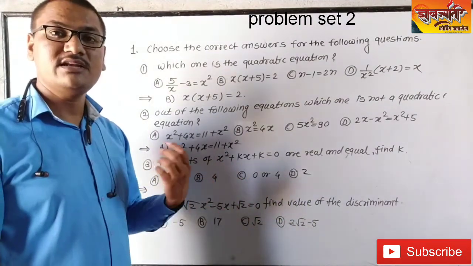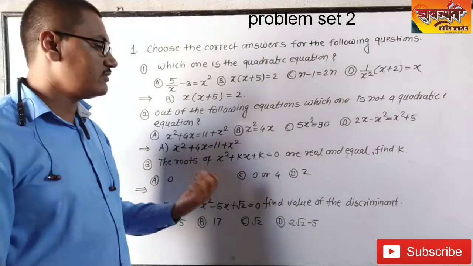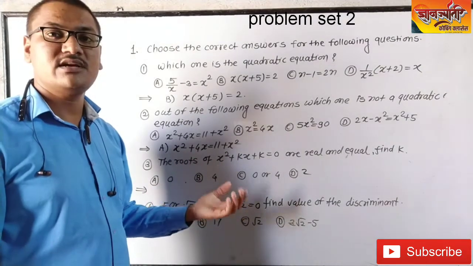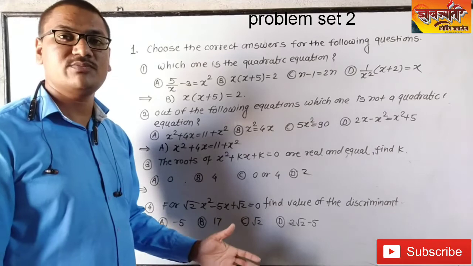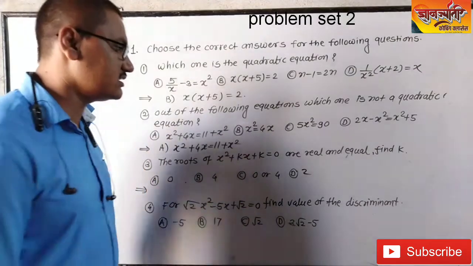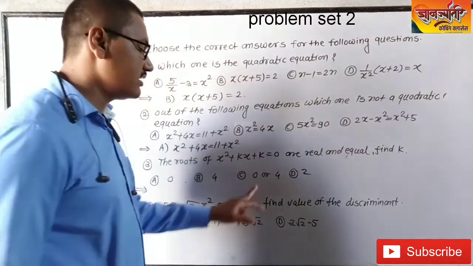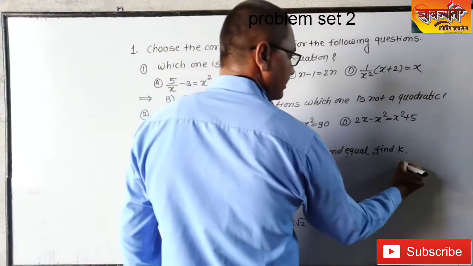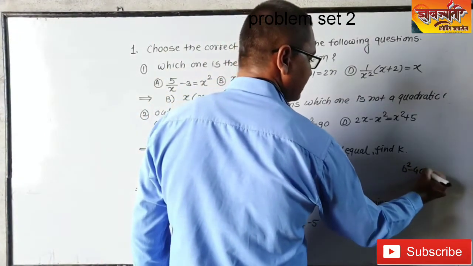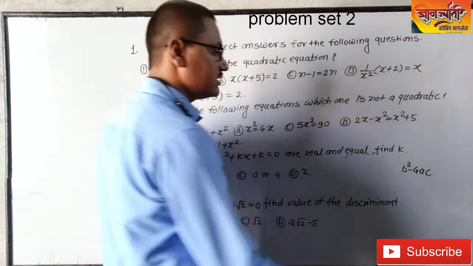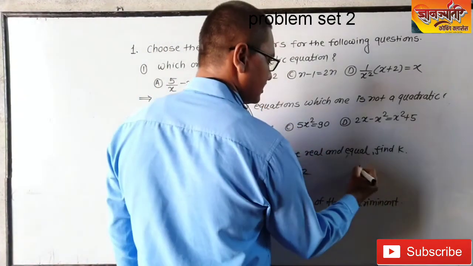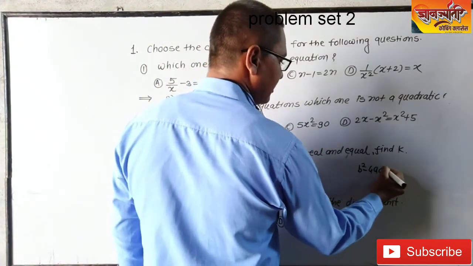After substituting the values into b square minus 4ac and solving the required quadratic equation, we get the value of k. The condition is b square minus 4ac is equal to 0.